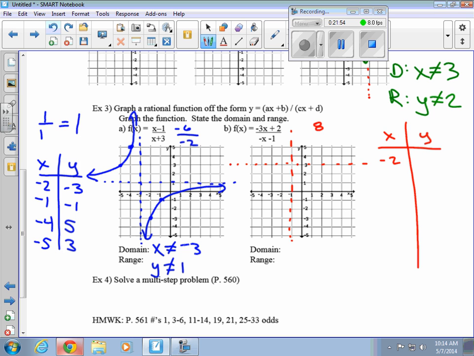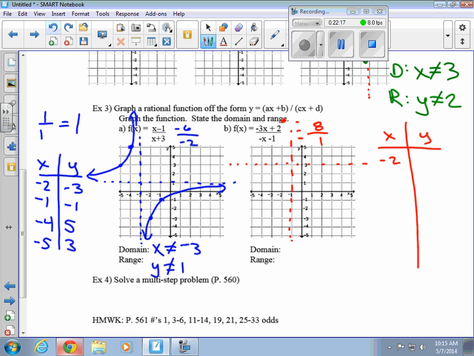And in the denominator, -2 negated is 2, and 2 minus 1 is 1. So 8 over 1, so that should be 8. 6, 7, 8, up here somewhere.